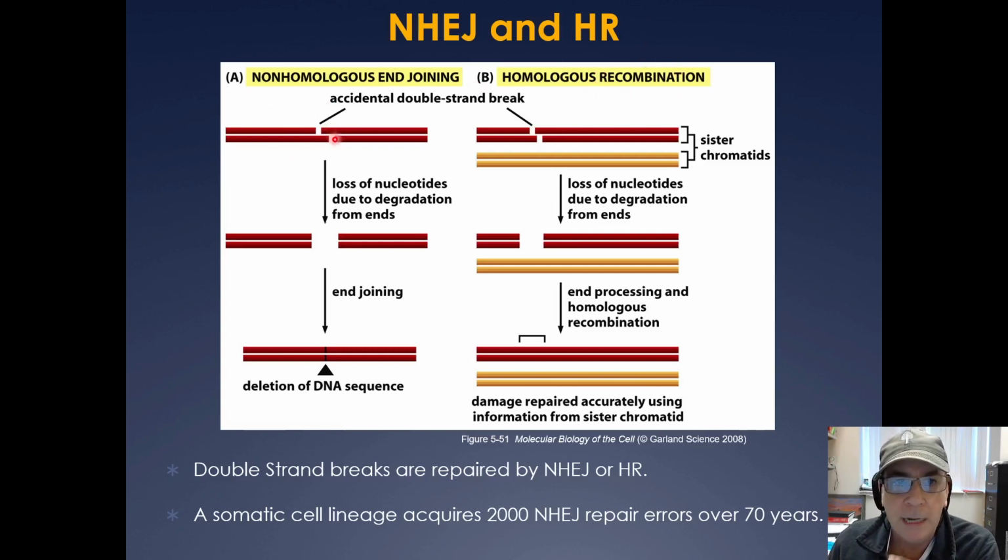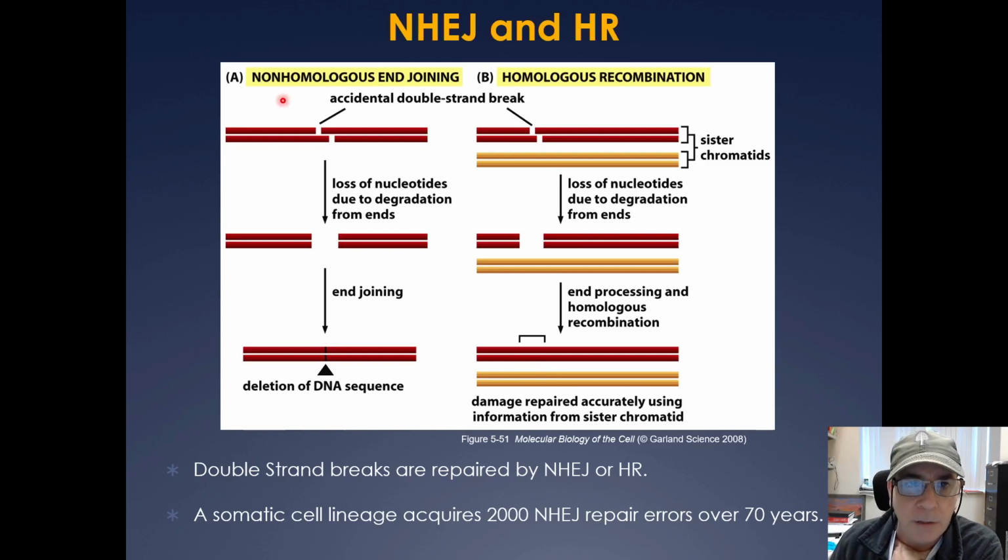And so if you have an accidental double-strand break, in the case with NHEJ, you get a resection of the DNA and loss of nucleotides, and then these two ends are joined back together. Okay, in homologous recombination, this is a bit different. You get a loss of nucleotides, but then it uses the strands to repair it perfectly and no lesions are left behind.